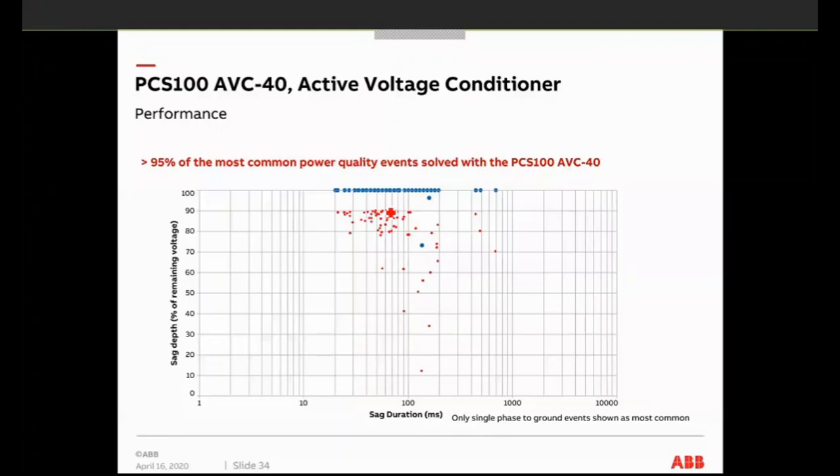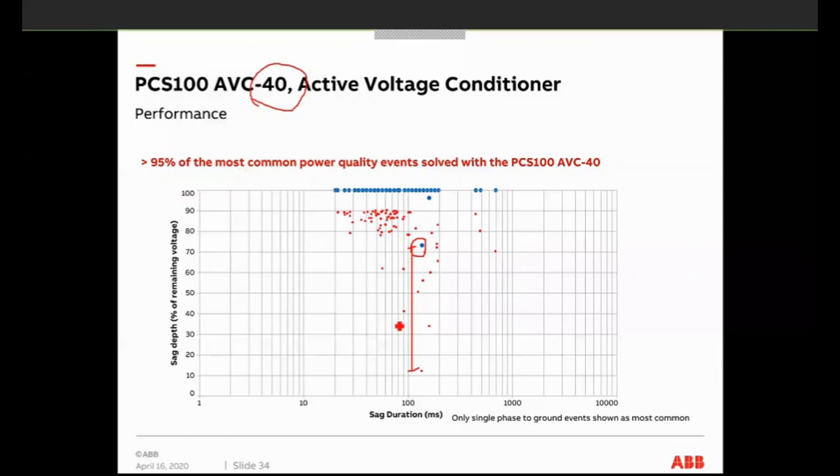So this power dip here or sag that is left within above 70%, or a partial correction, okay, partial correction that happened for PCS ABC 40, because we can only guarantee 40% correction.